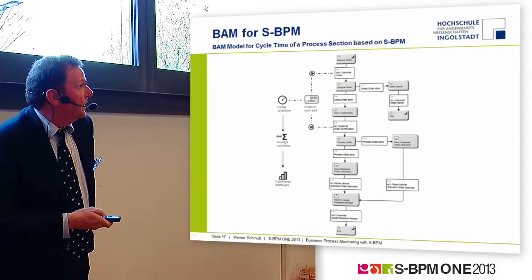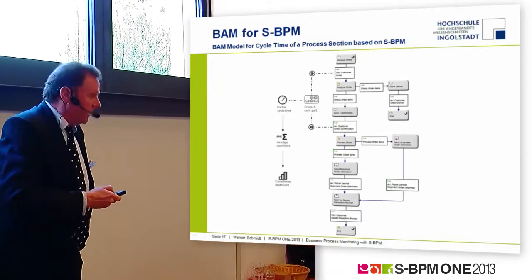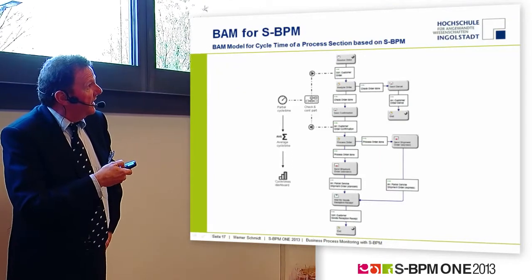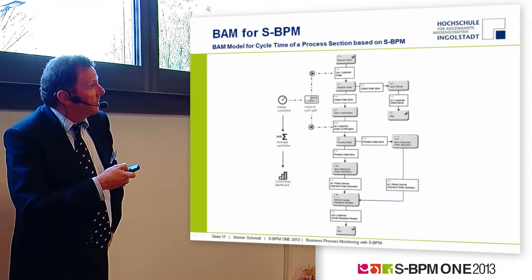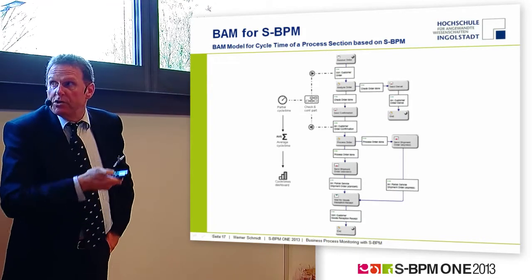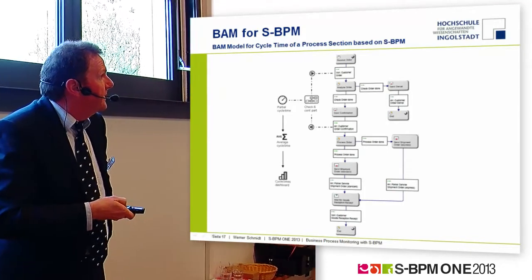If we go to a behavior diagram, you can see the possibility, the opportunity to define duration, for example, for a process section, a behavior section, again, which is not different from what we've seen before.